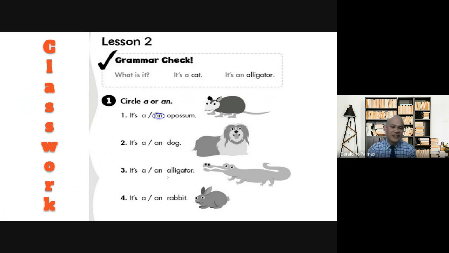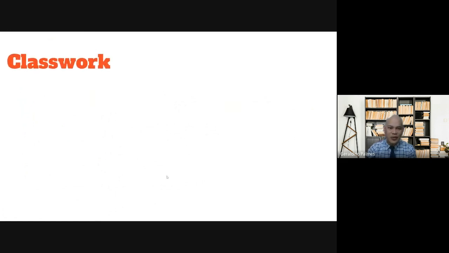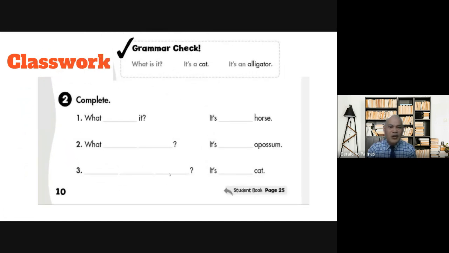Next part, classwork number 2, you need to complete these. What is it? It's a. It's similar to what you have at the top. These are the questions, and then the answer should be it's a cat or it's an alligator.